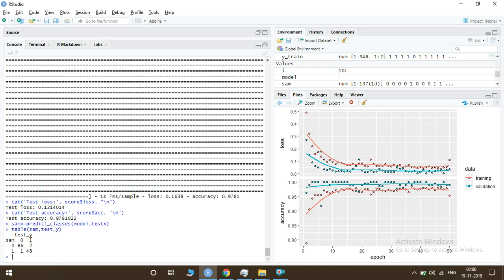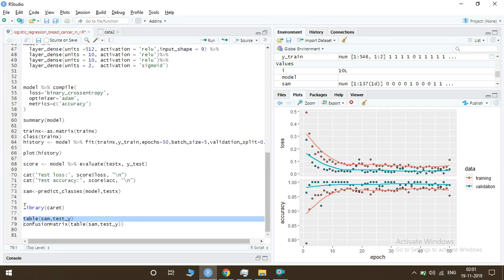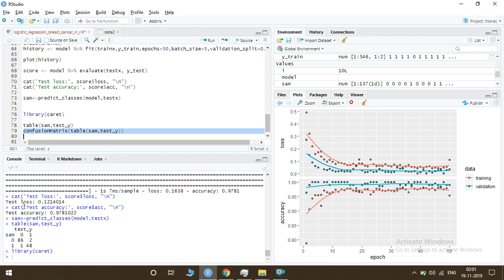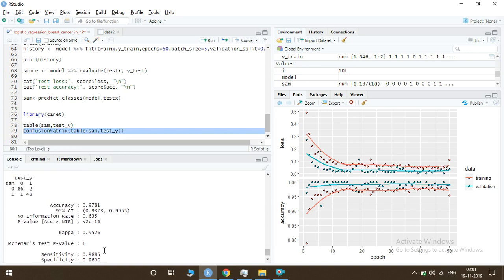Even the test result shows the same. To calculate the accuracy, we will generate a confusion matrix with the help of the Keras package. Over here we can see the accuracy is 97.81%.